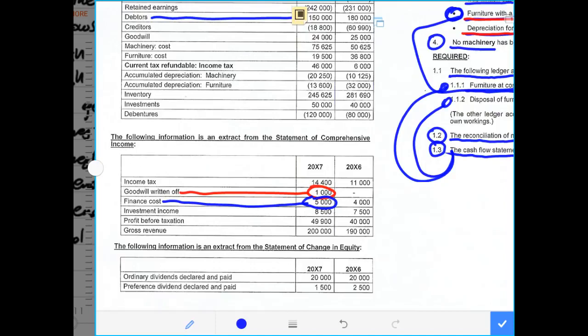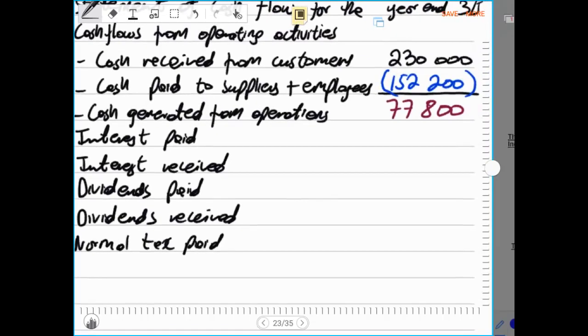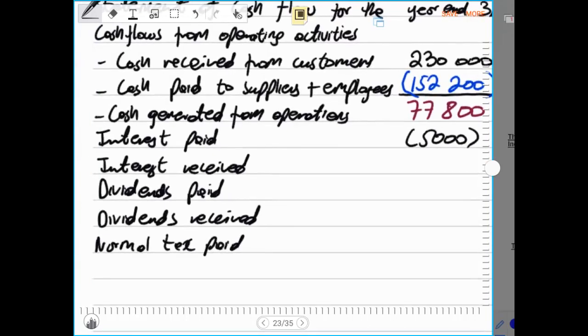It's very important, more especially for cash flow at 3011. So in this case, we assume that the full finance cost was all paid unless it was stipulated that there was a portion which was accrued. So the full 5,000 will be a negative 5,000 rands. Money went out. This is cash flow, so we record the cash. Whenever money goes out, it will be negative. Whenever cash goes in, it will be positive.